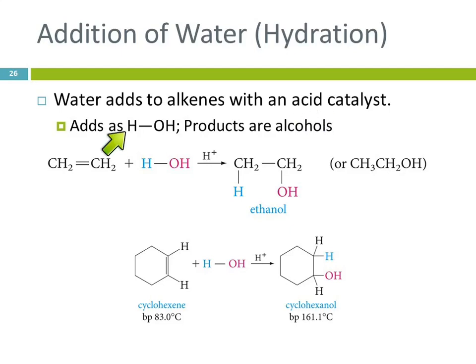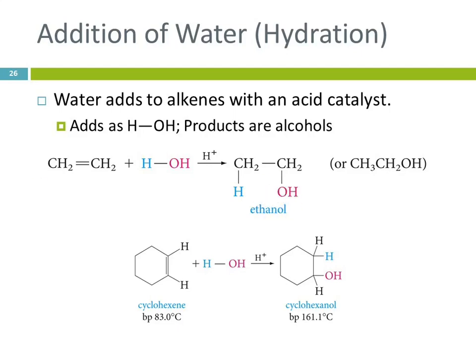And so we can think of the water molecule as being H on one side and OH on the other. And so the H is going to add to one side of the double bond and the OH is going to add to the other side. And what you end up with is an alcohol. This is ethanol. Alcohol has the functional group OH.